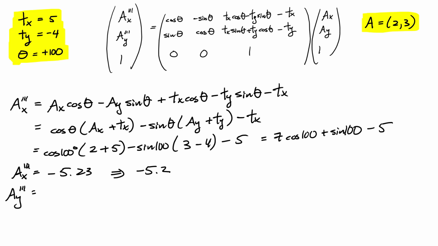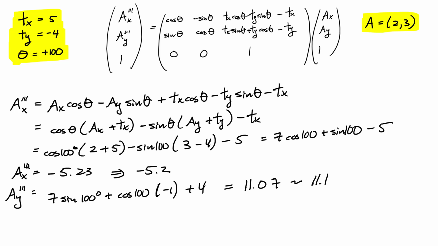You should get something that simplifies to something like this. It would be 7 sine of 100 for this case, plus cosine of 100. And this becomes multiplied by minus 1, and then plus 4. Now again, I put that in a calculator, and I had 11.07, which was approximately 11.1.